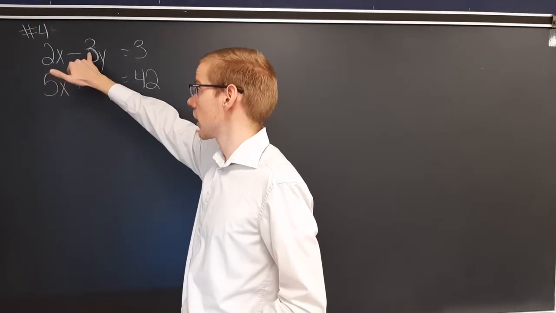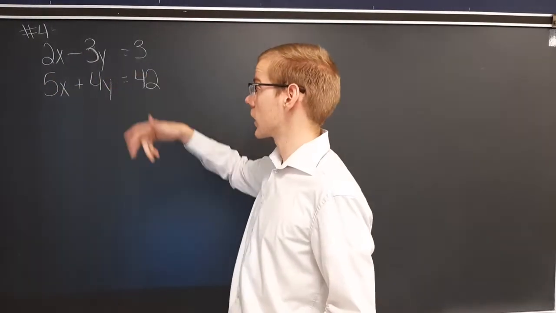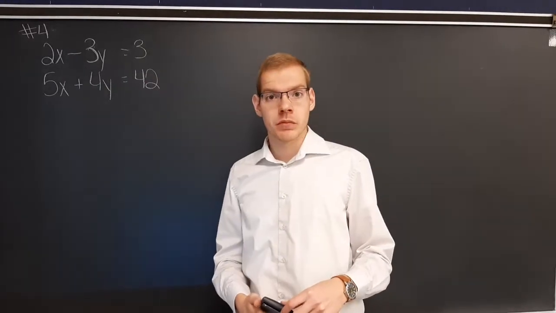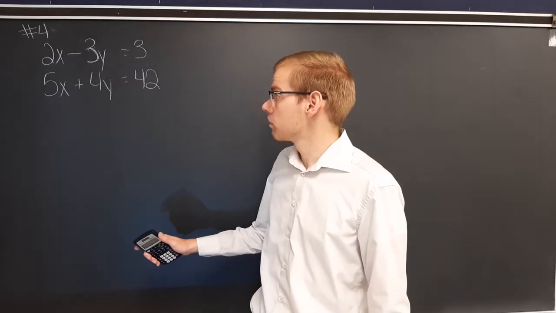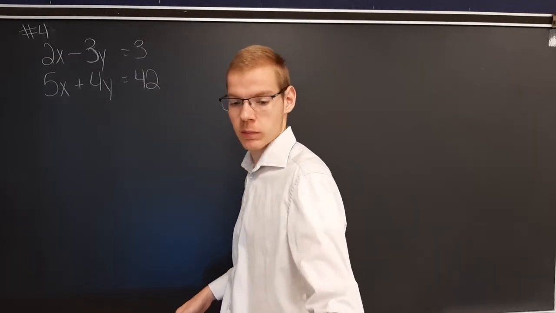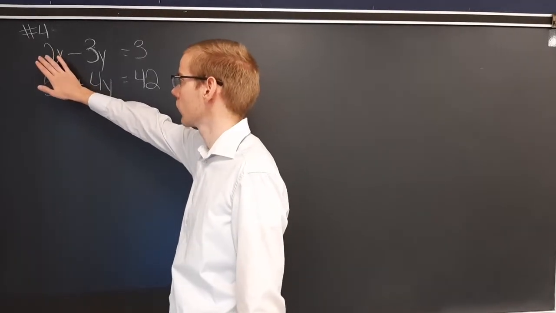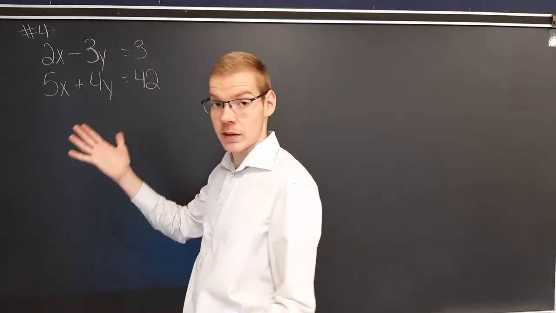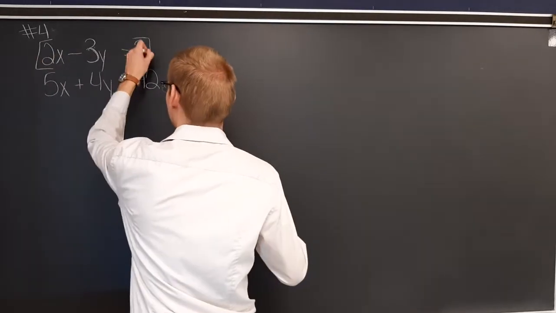If you multiply this by any whole number, you will not get 4, and neither vice versa. So how do you do it then? Well, basically, what could you multiply any of these by to get the same number? I'll give you this one, and that way we know what we're doing.